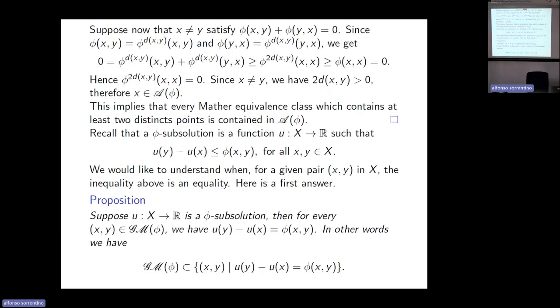In the case of a Tonelli Lagrangian, that tells you that you have one class. So in other words, the graph of Mather is included in the set of pairs xy such that uy minus ux is equal to phi of xy, and this is for every subsolution.